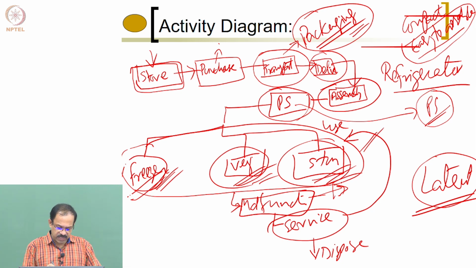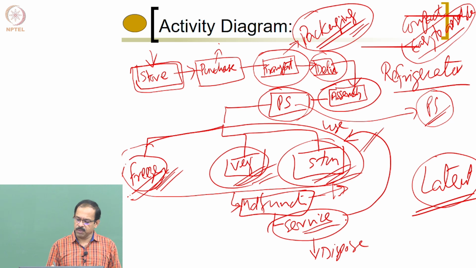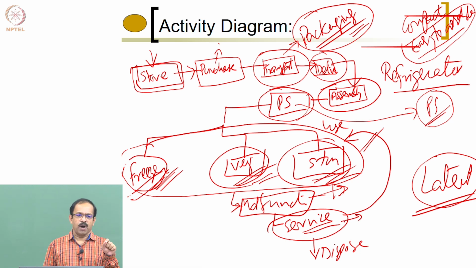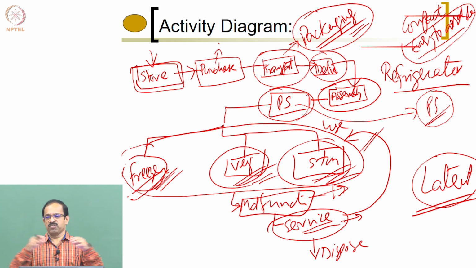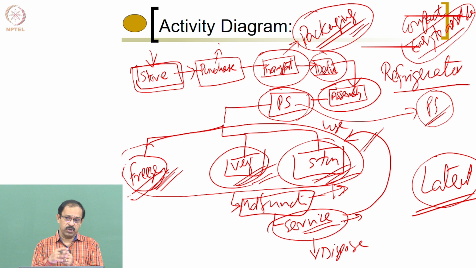And then the service. So there is a service involved. So you should be able to design in such a way that the service becomes easy. Not that you have one small failure in a product, then you have to dismantle the whole product and then try to address it. You should be able to make the design in such a way that the service request can be easily addressed. That becomes one of the latent needs, easy to service or easy to repair.